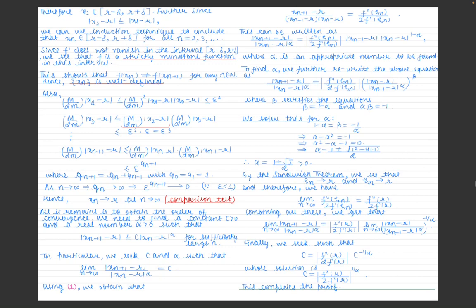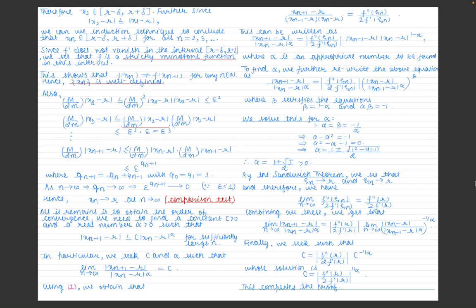|x_{n+1} - r| is less than or equal to c times |x_n - r|^alpha for sufficiently large n.